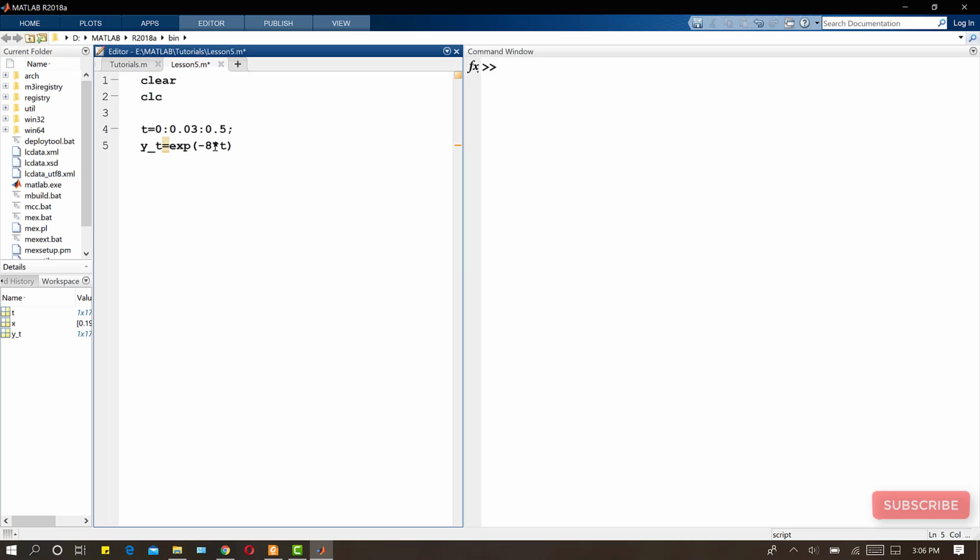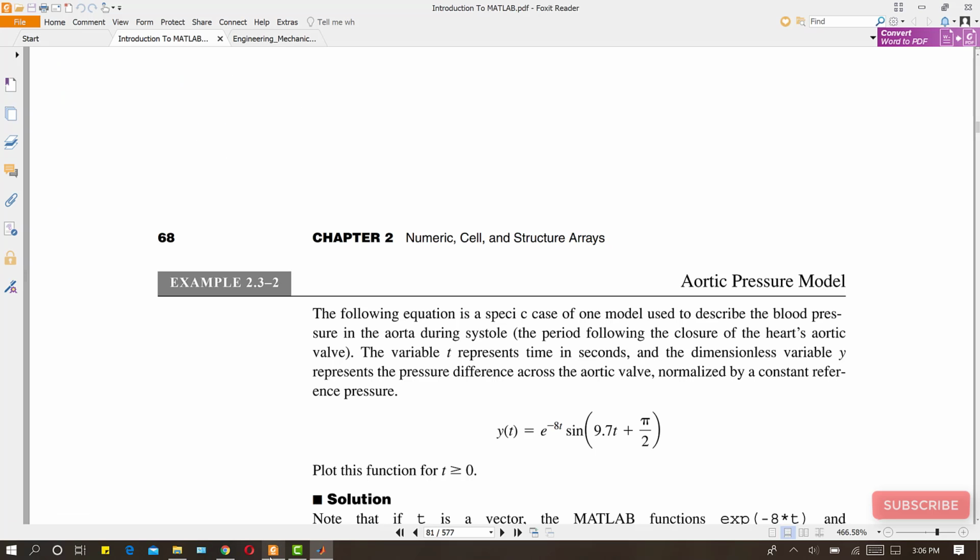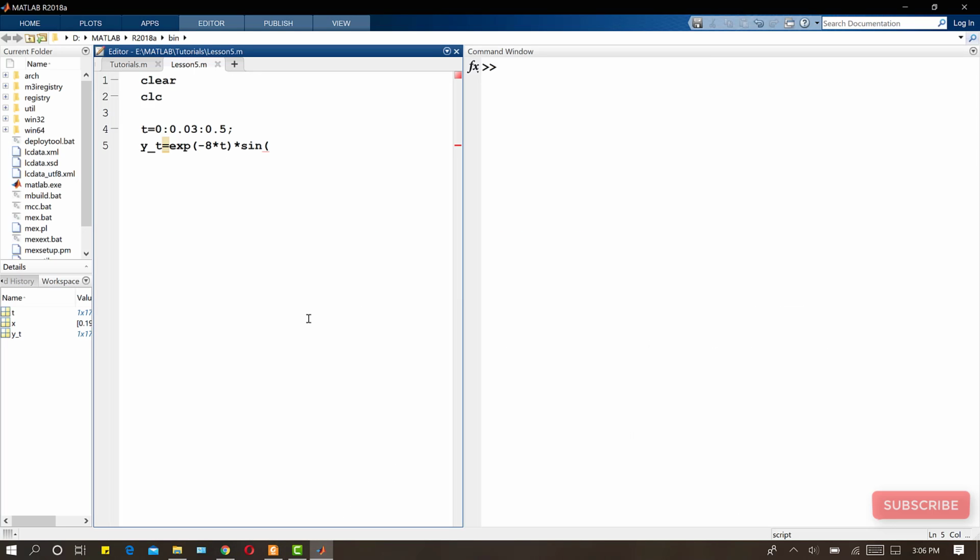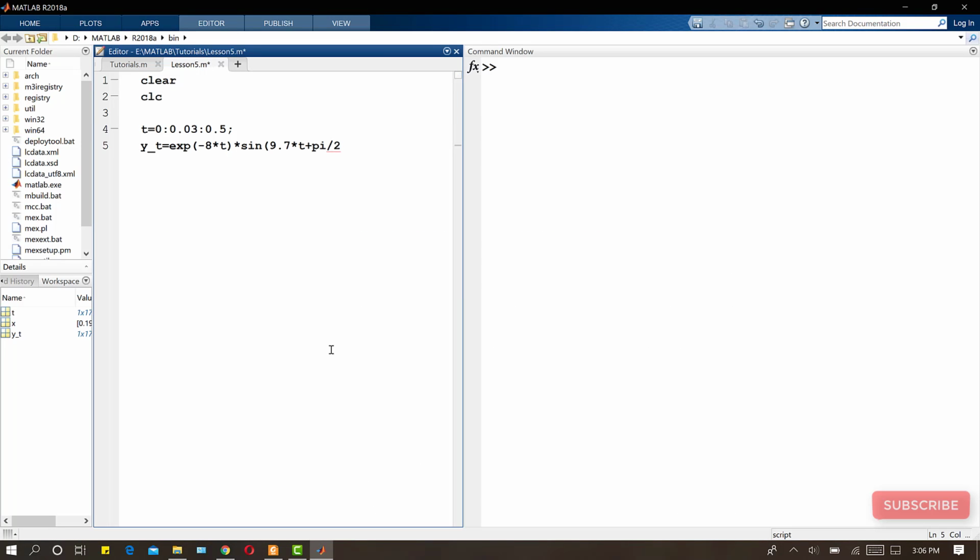If we are multiplying a vector with another vector, I write multiply, and then sine of 9.7 times t, plus pi divided by 2. So this is the equation for the normalized pressure difference.